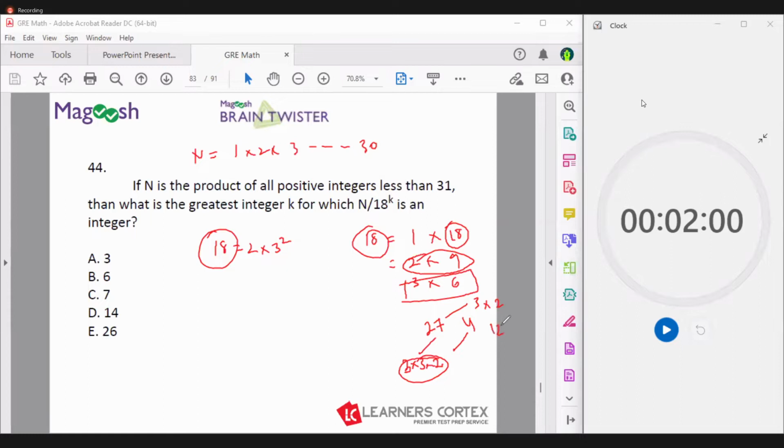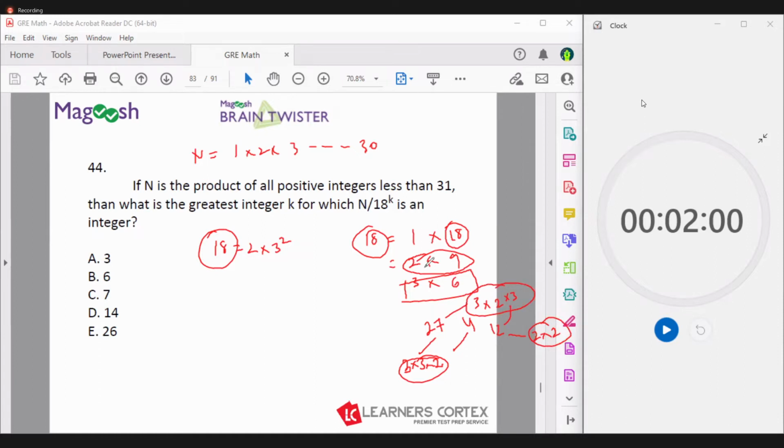So let's take 12. From 12 you can pick a 3, and twos are left. So this way also 18 can be formed, right?